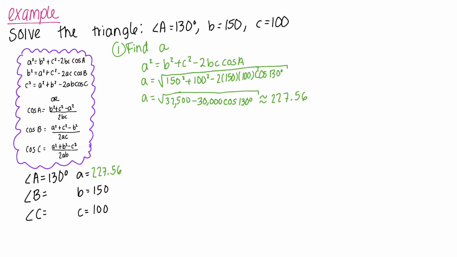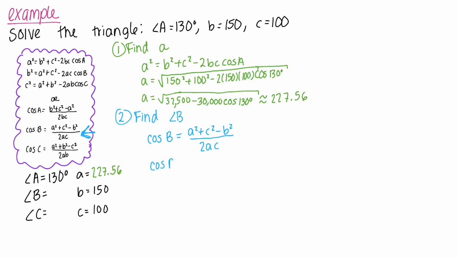So now that I have all my side lengths, I'm good to find the remaining angles. I did start with law of cosines, so I'm going to finish with law of cosines. I'm going to go ahead and find angle B. To find angle B, I'm using this formula right here. So cosine of B is equal to A squared plus C squared minus B squared over 2AC.